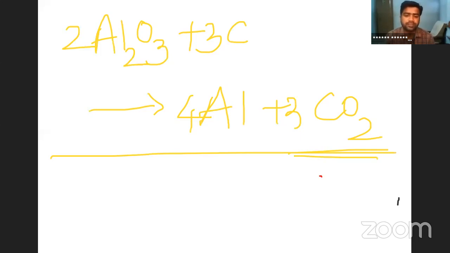In this manner, this is what we call the overall systematic arrangement of this structure.